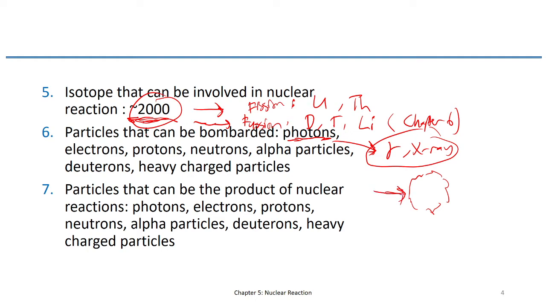Other than photons, the typical particles used to bombard the target, you call this the target nucleus, are electrons, protons, neutrons, alpha particles, deuterons, as well as heavy charged particles.